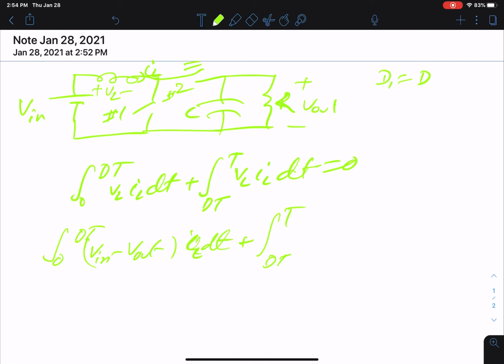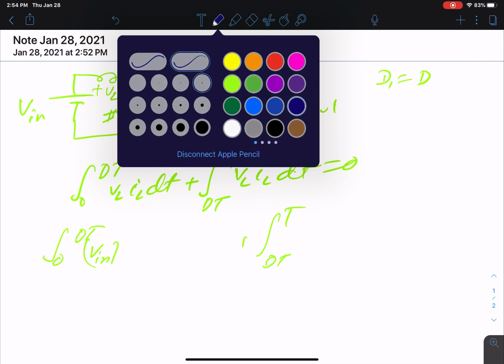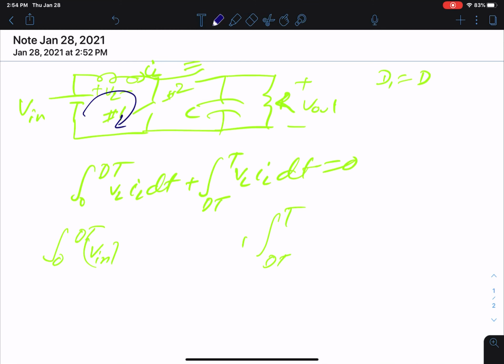Sorry, I made a mistake here. When switch 1 is on, VL is just V in, because you're circulating in here, so V in IL dt from 0 to dT, plus, when switch 2 is on, you have the loop from here to the output here.